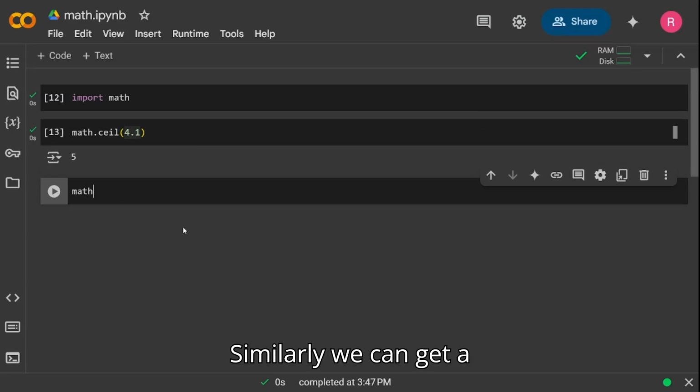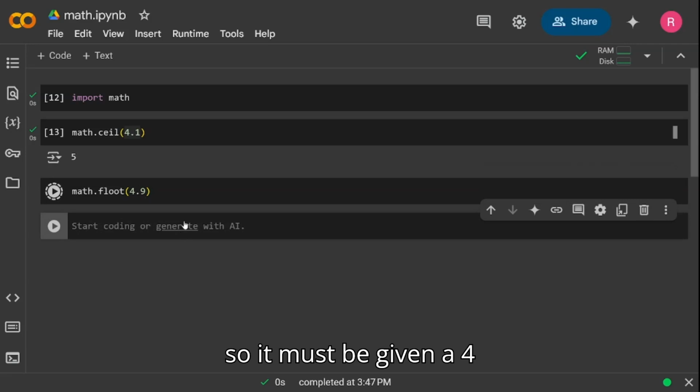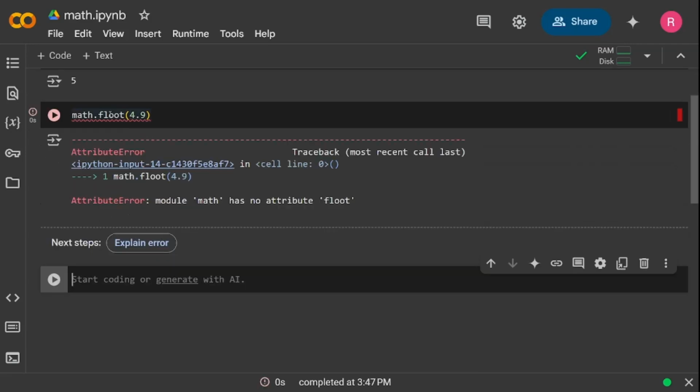Similarly, we can get a round down value using the math dot floor function. With this, if I write 4.9, it must give a 4.